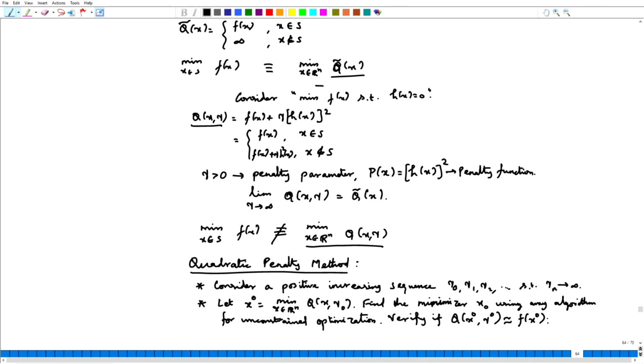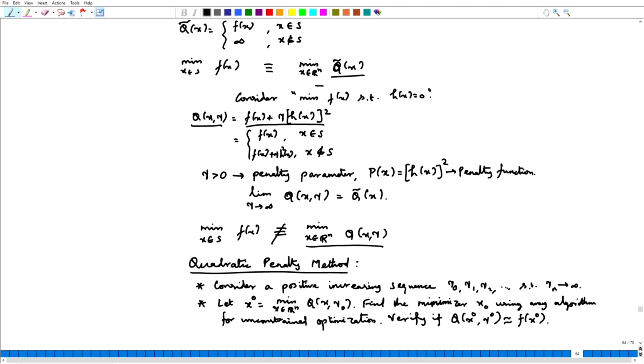So, what does it mean if q of x naught comma gamma naught is very close to f of x naught, given that q of x comma gamma is f of x plus gamma into h of x the whole squared? It means that gamma into h of x the whole squared is very close to 0. That means the penalty term h of x is very close to 0.